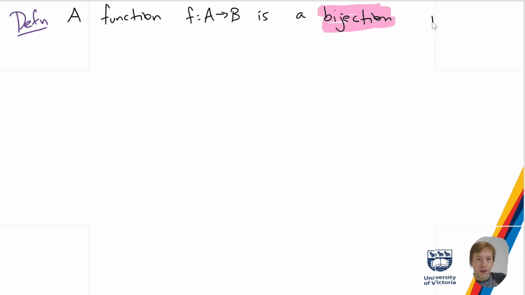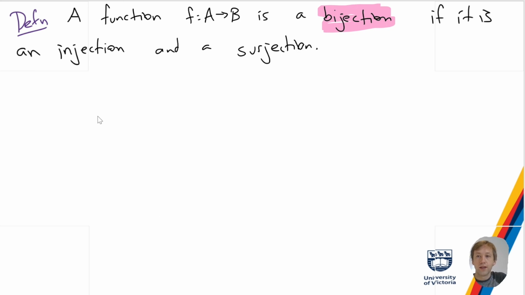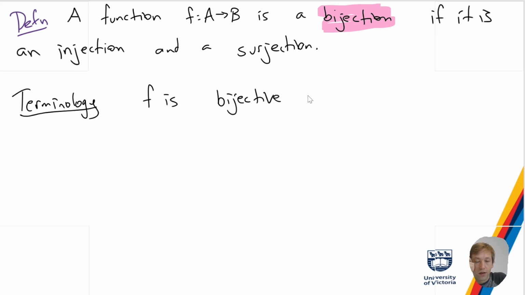Definition: a function f from A to B is a bijection if it is an injection and a surjection. We could also say that f is bijective or f is a one-to-one correspondence.